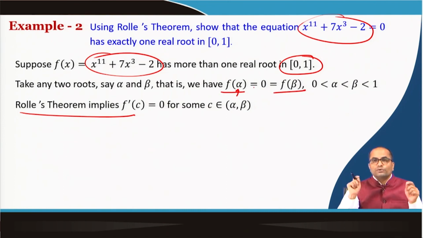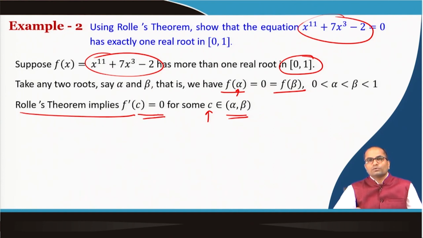So, the function value is also the same, and Rolle's theorem says that there will be at least one point C in this interval alpha to beta where the derivative will vanish. That is the conclusion of Rolle's theorem, which we can definitely apply, because all the hypotheses are met: continuity, differentiability, and the function values at these two points are equal. So, definitely we can apply Rolle's theorem.